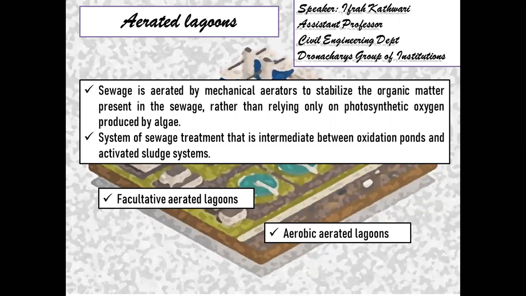The rate of aeration is slow. When it is slow in facultative aerated lagoons, then all the solids cannot remain in suspension, so some of the solids get removed with the effluent, and some of them get settled down. This is the reason for that.